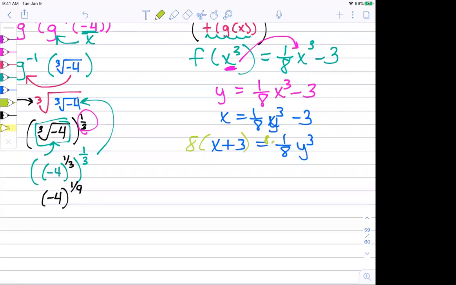And then I need to take the cube root to get rid of y cubed. So my inverse of the composite function. So I took the composite function of the initial f and g functions, and now we're finding the inverse. I would end up having the cube root and then 8x plus 24.